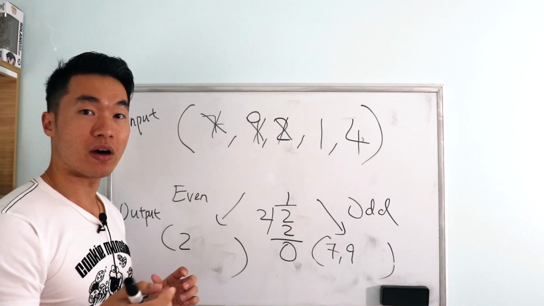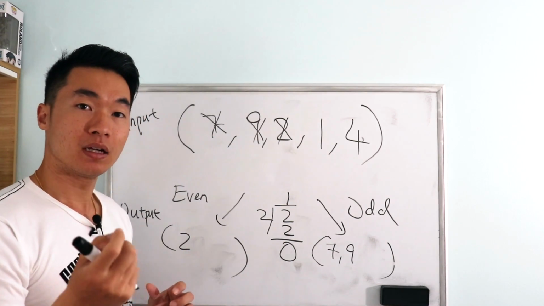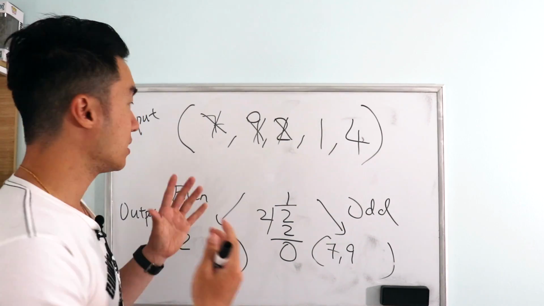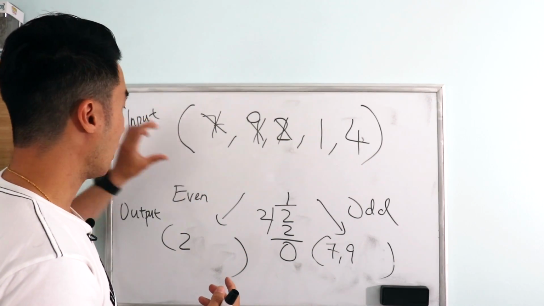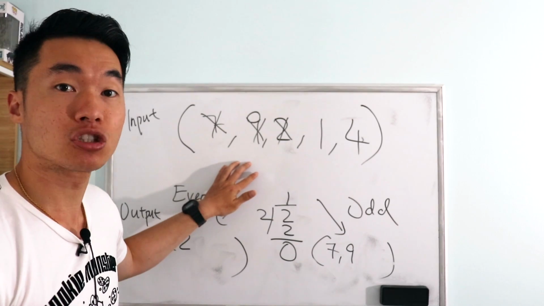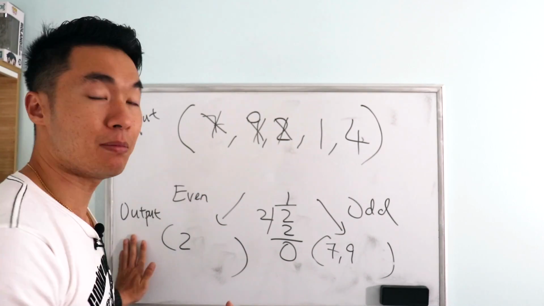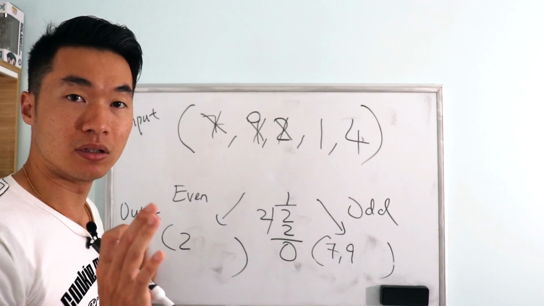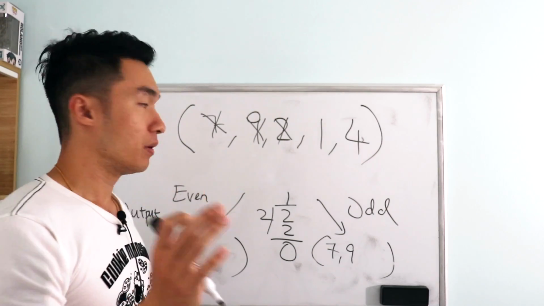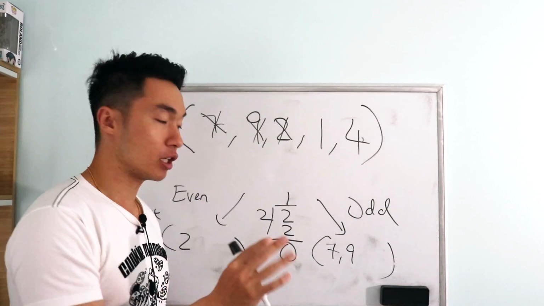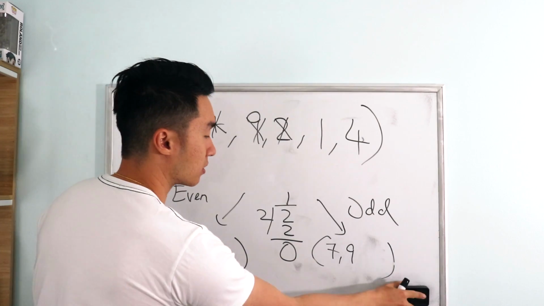That's the power of automation, that's the power of programming. Because you can take that same input, apply that same set of instructions, and you get the same output every single time. Now, let's look at the set of instructions that you need in order to do this.